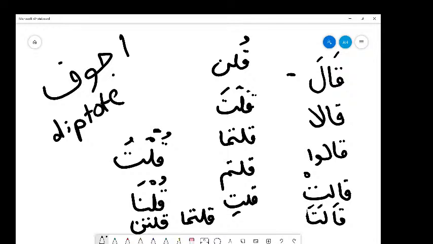It's a word that only has two forms. So basically diptote doesn't have a meaning in English. The word was created to explain words that don't get tanween, that don't get kasra.